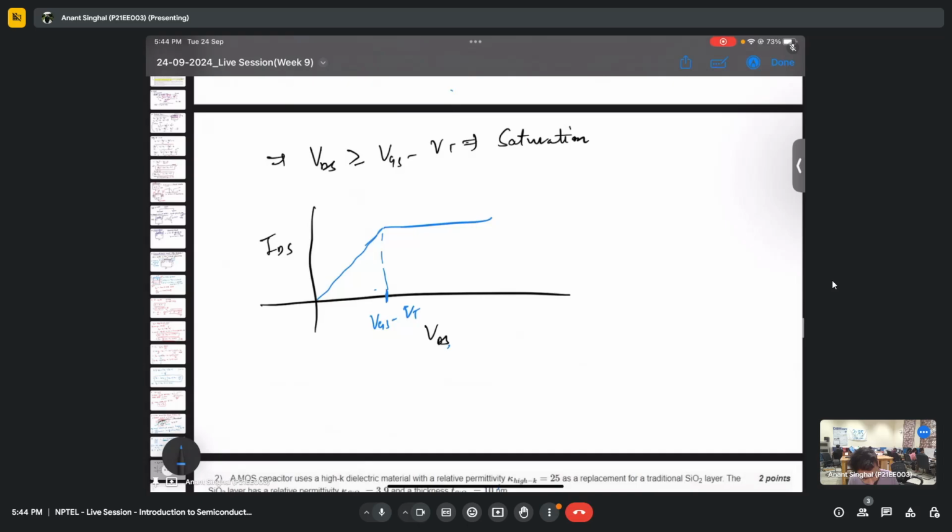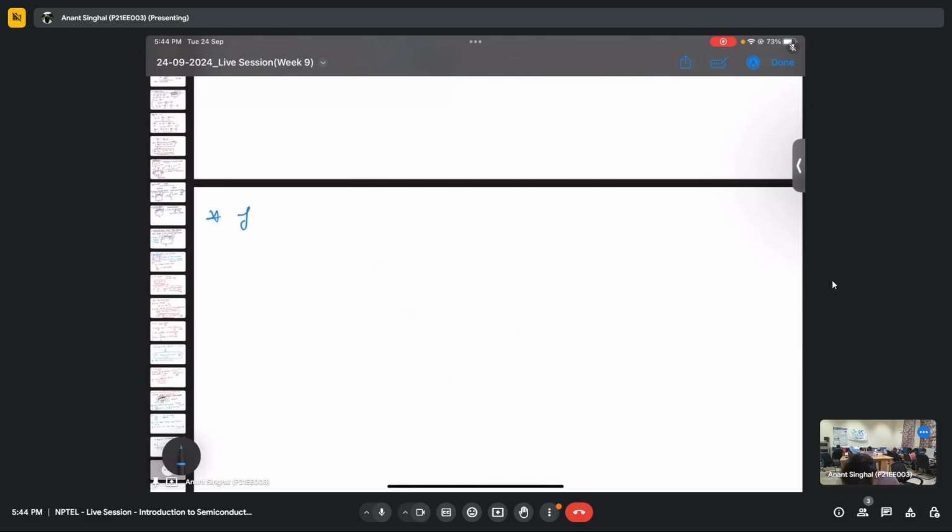And if VDS is greater than, sorry, VGS minus VT, as I said, the current saturates and becomes independent of VDS, because even if we increase VDS more, there is no channel.